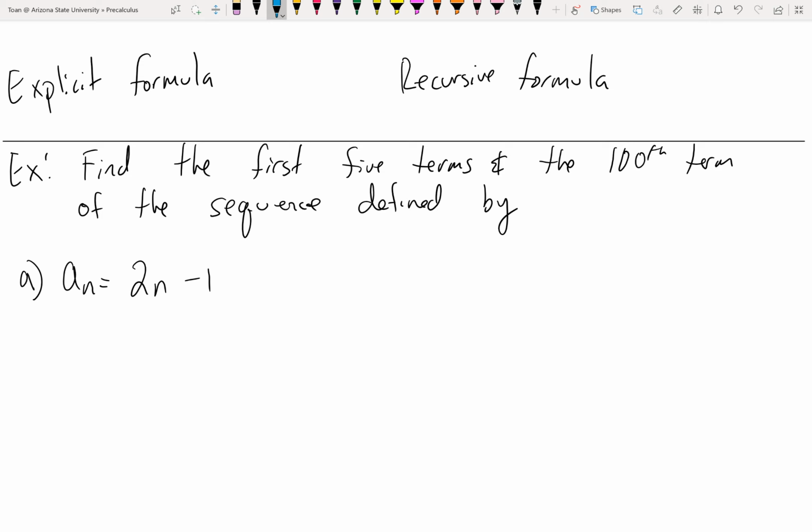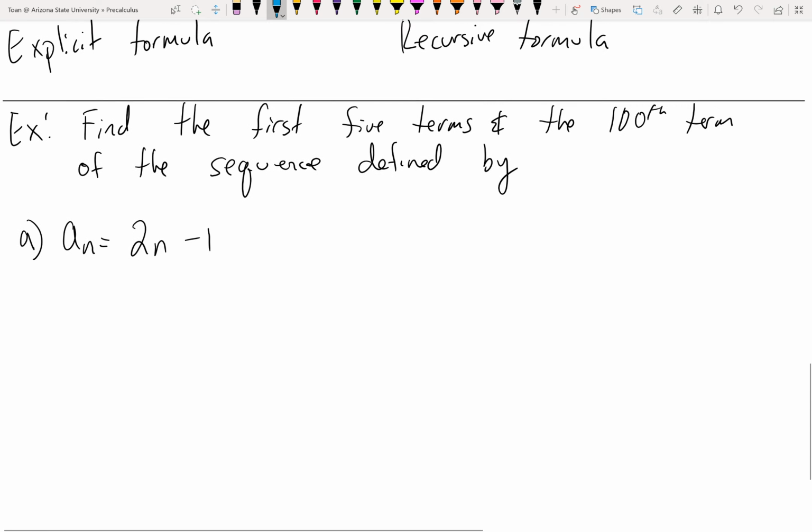And I'll put the solution in a different color. Okay. So this should be pretty straightforward. Notice it's an explicit formula because there's no subscript n minus 1. It's just straight up, here's a formula.